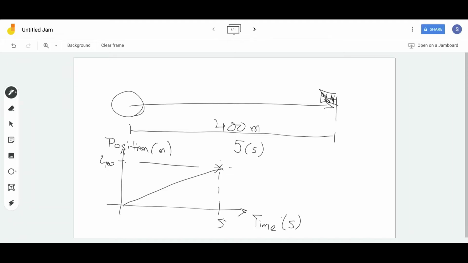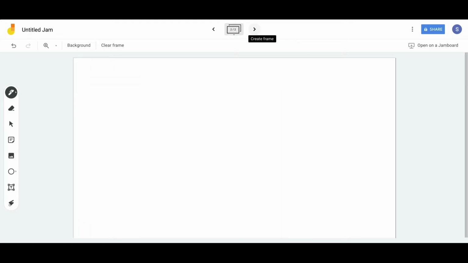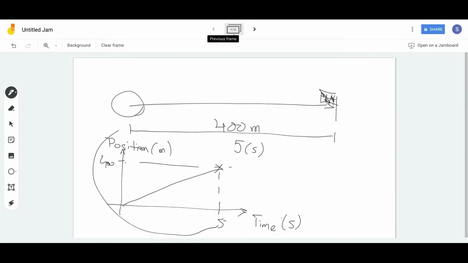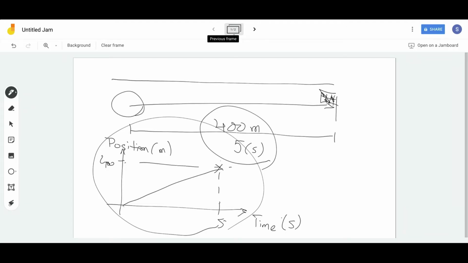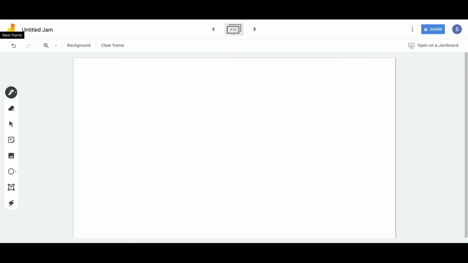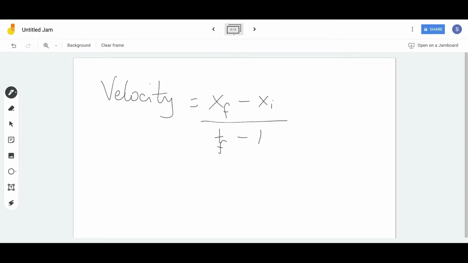Now, can I get a velocity plot out of this little diagram right here? So let's start with this. If I were to measure what my velocity was, assuming that you're moving from left to right here, your velocity is given as your final distance minus your initial distance over the final time minus the initial time.